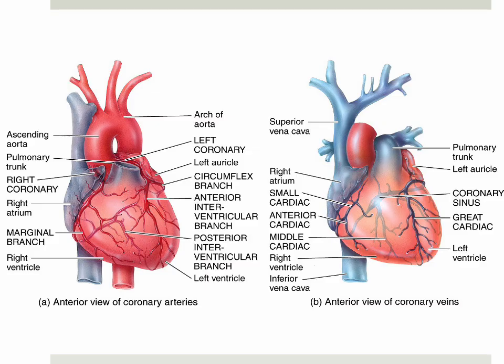You see them here. The right coronary turns into the marginal branch and also branches into the posterior interventricular branch. From the left side, it's the circumflex branch and the anterior interventricular artery.